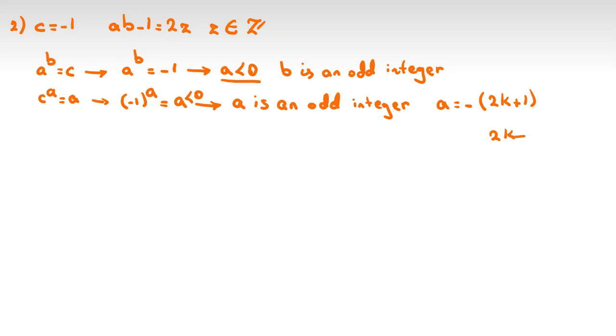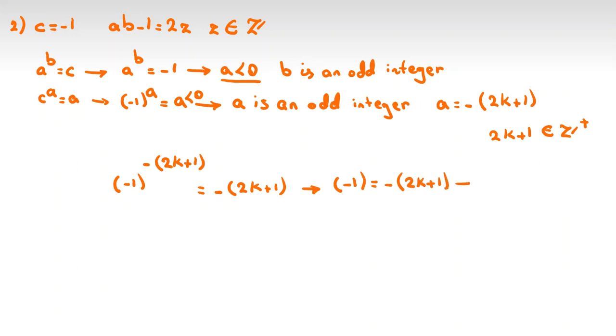2k plus 1 is a positive integer, or I can write it like this. If I replace negative 1 to the power of negative 2k plus 1 equal to negative 2k plus 1, so negative 1 to the power of negative this number, the left hand side is negative 1, and the right hand side is negative 2k plus 1.